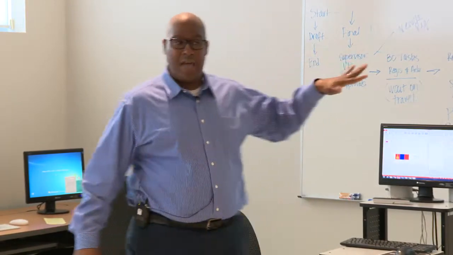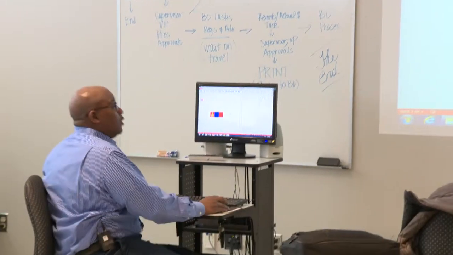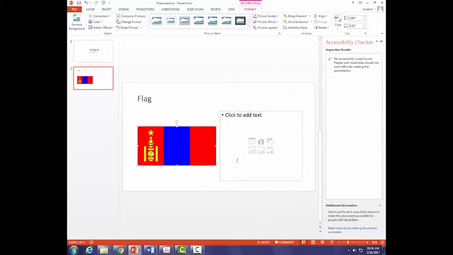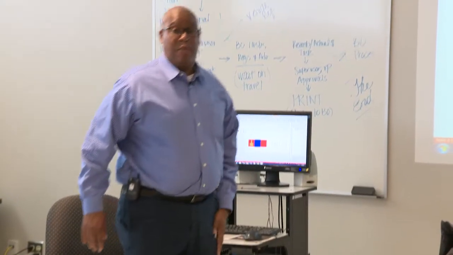So for my alt text, all I'm going to put right now is Mongolian flag. And then I'll close it. Now I'm going to write a long description of that Mongolian flag, right?